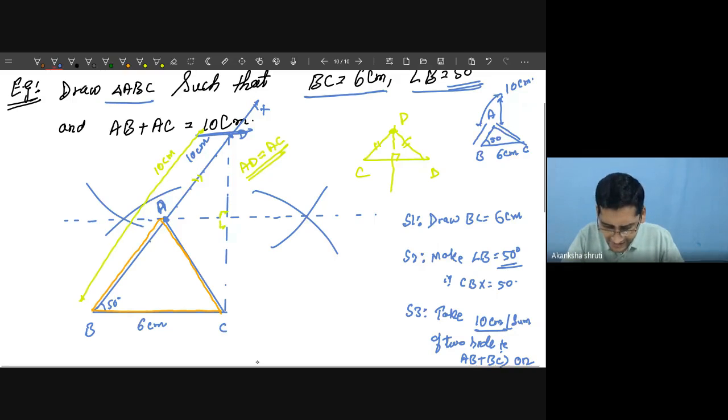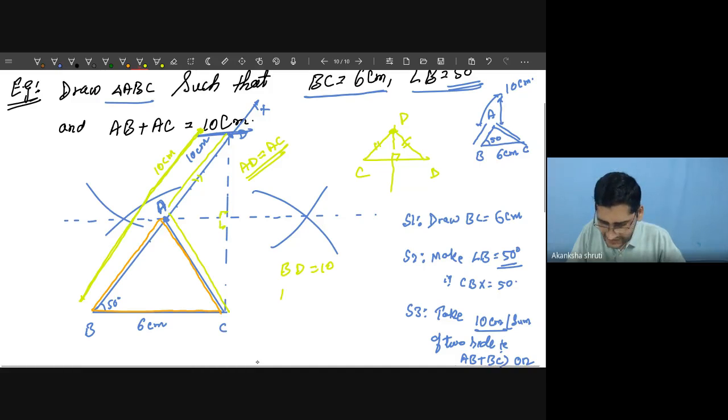Therefore, AD is equal to AC. So what we have observed is that the length AD is now being moved toward AC. So if BD is 10 centimeter, what is this BD?